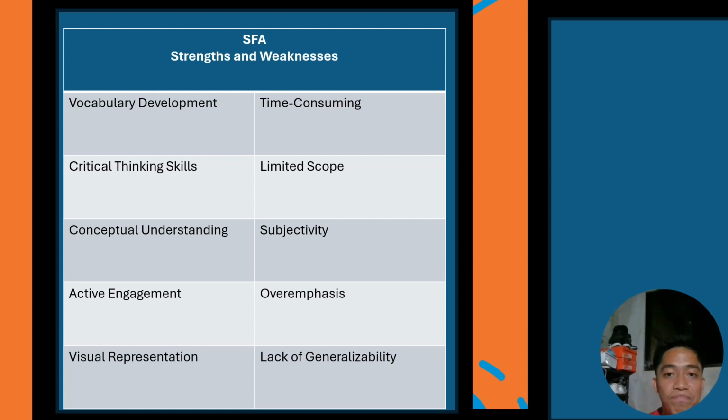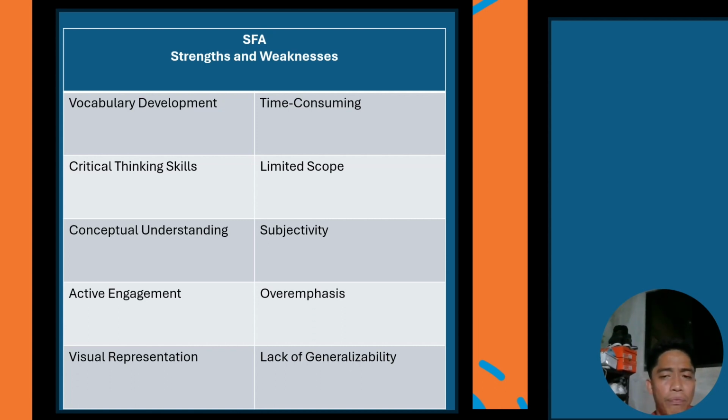So number one is vocabulary development. It promotes vocabulary development by encouraging students to explore the characteristics and features of words. It helps students expand their vocabulary repertoire and understand word meanings in a more nuanced way.